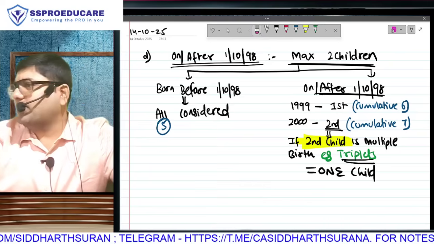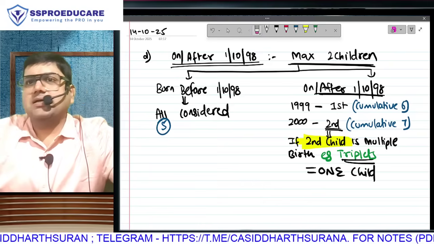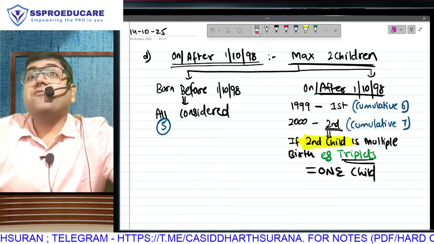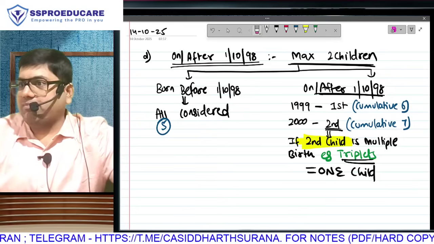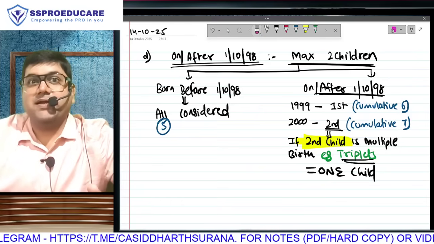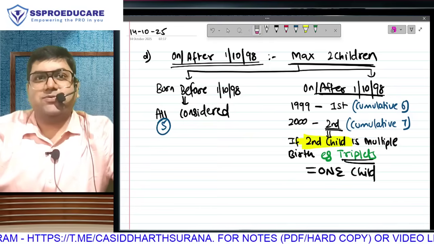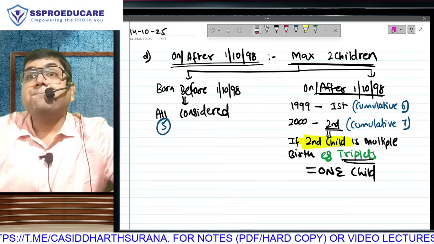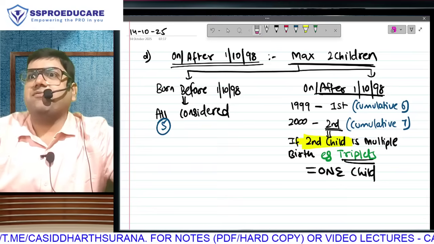First child born after the amendment, single child or multiple birth, all will be considered. If first birth after amendment is one child, then second में as many as you have triplets, विश्वराज के standards के हिसाब से you said quadruplets, whatever, we will consider all. But if first में multiple birth है, तो second में we won't consider anything.